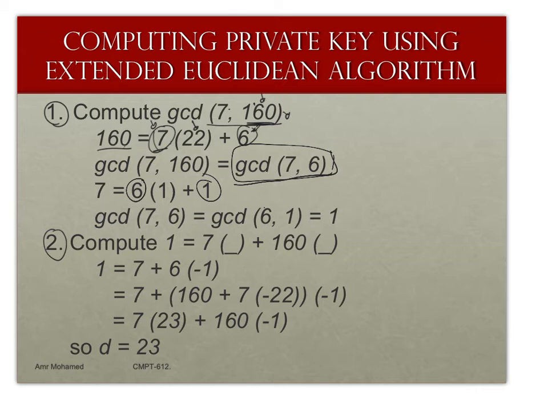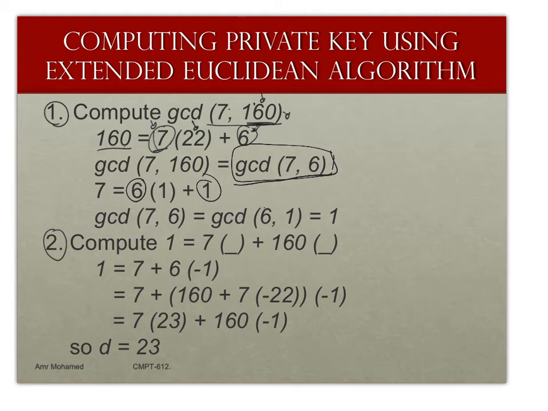So this is a systematic way of getting the greatest common divisor of two big numbers by the process of reduction. We reduce the big numbers into smaller numbers step by step until we get to a greatest common divisor that's easy to guess or easy to calculate.